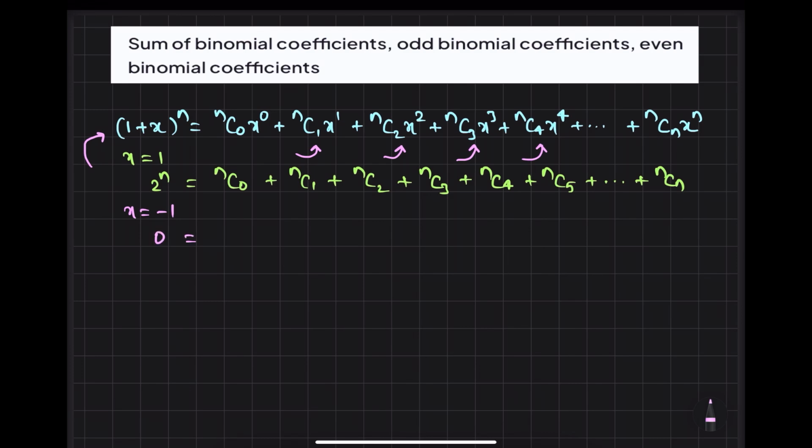So the LHS is 0. Now I will write the even lower subscripts first. The coefficients with even lower subscripts would be positive. So nC0, plus nC2, plus nC4, plus nC6, and things will keep on going.